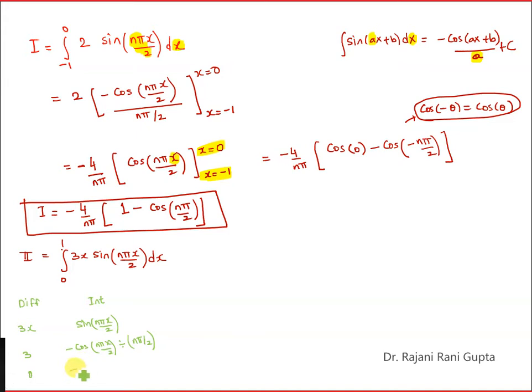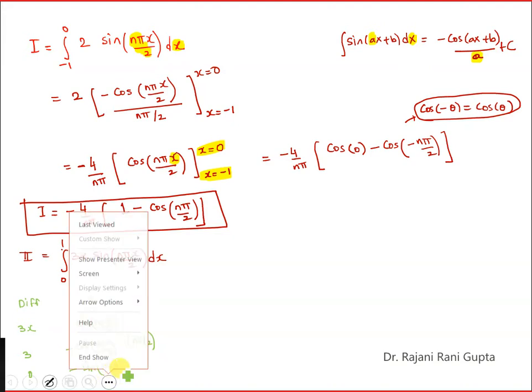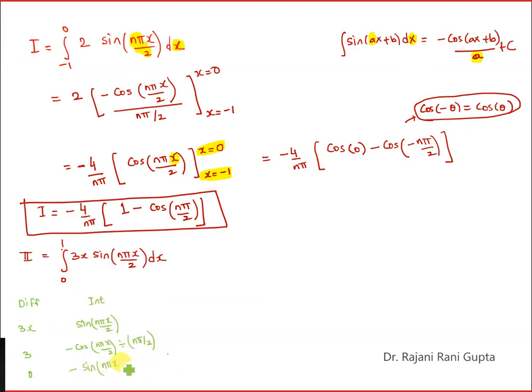And here it becomes minus sine n pi x over 2 divided by n pi by 2 to the power 2. Earlier when it was only n, we were getting n square like that. But here we will write like this. Still this division looks complicated, so we convert this division into multiplication by reversing the position.